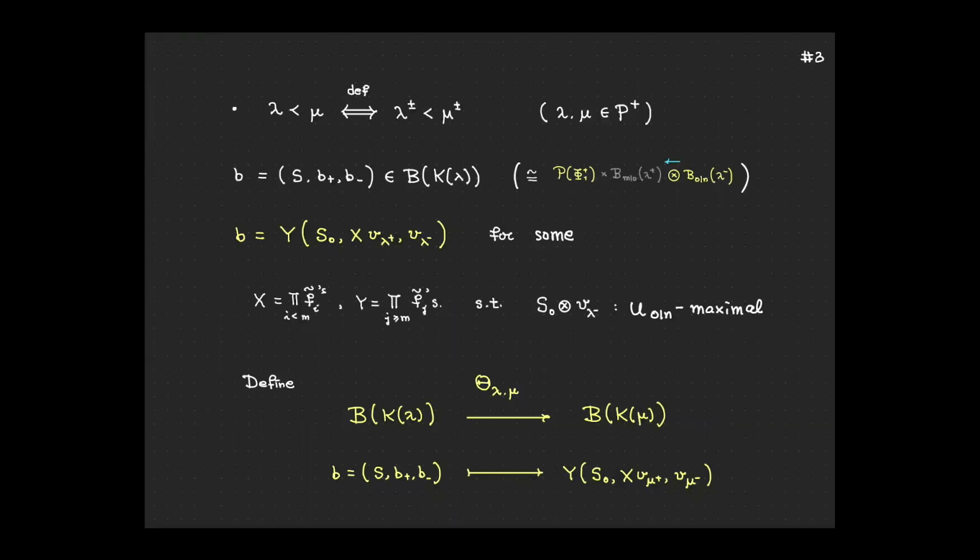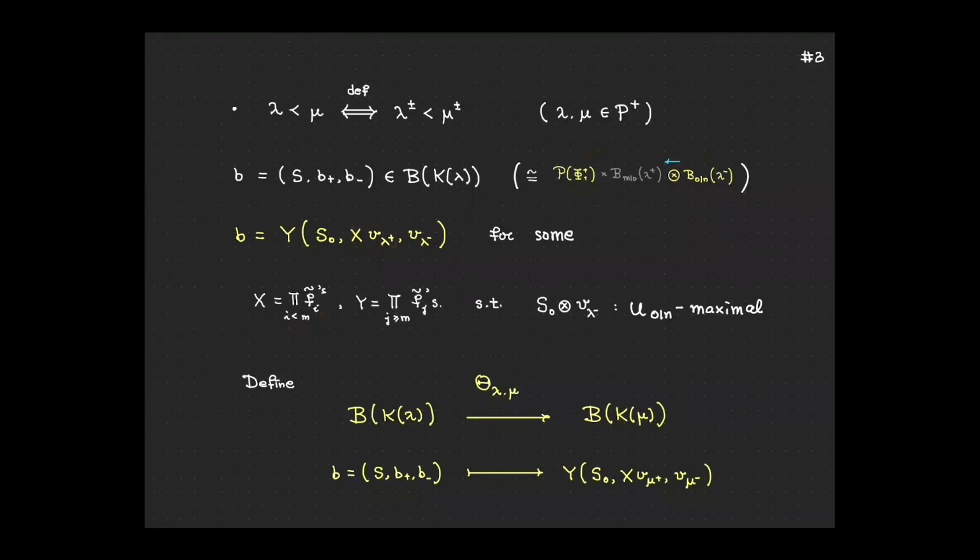Suppose that our B consists of these elements, let's say S, B plus, and B minus. Then we can say that there are some operators X and Y. The second factor is from the crystal of GLM, so it can be written like this. X is a product of the operators with even simple roots with a positive norm. Then we consider the elements as crystal elements with respect to GL0n.